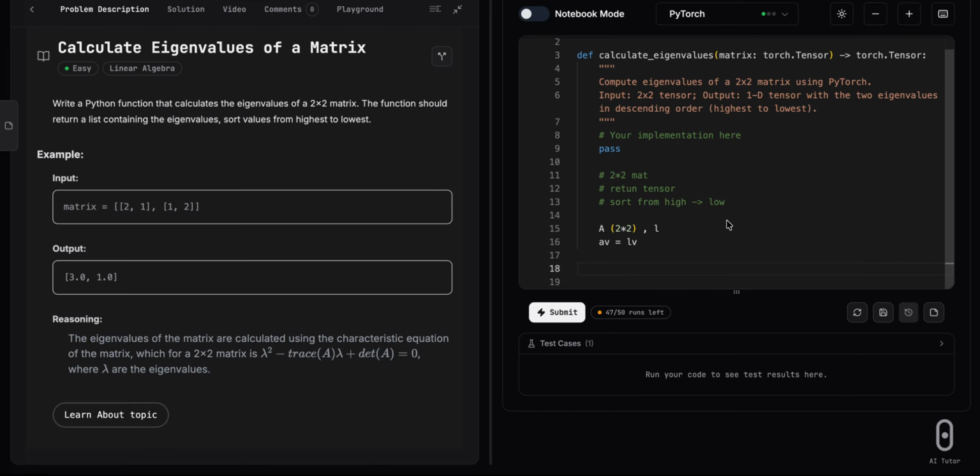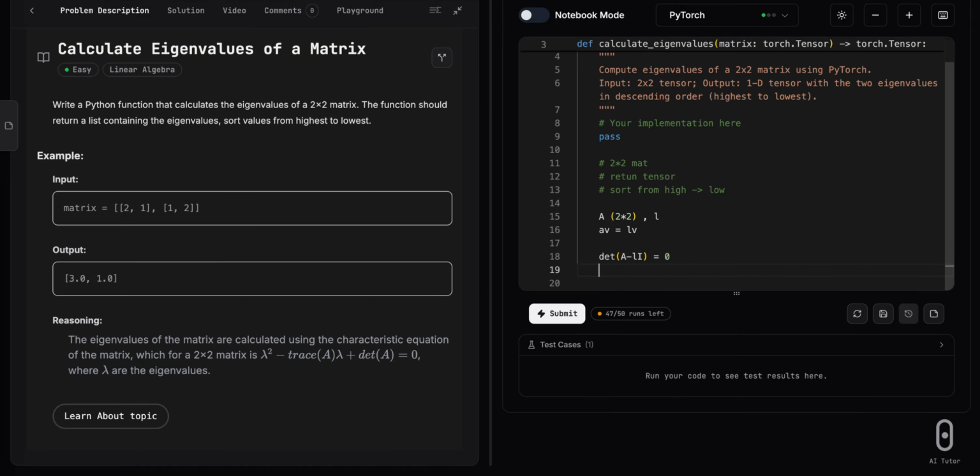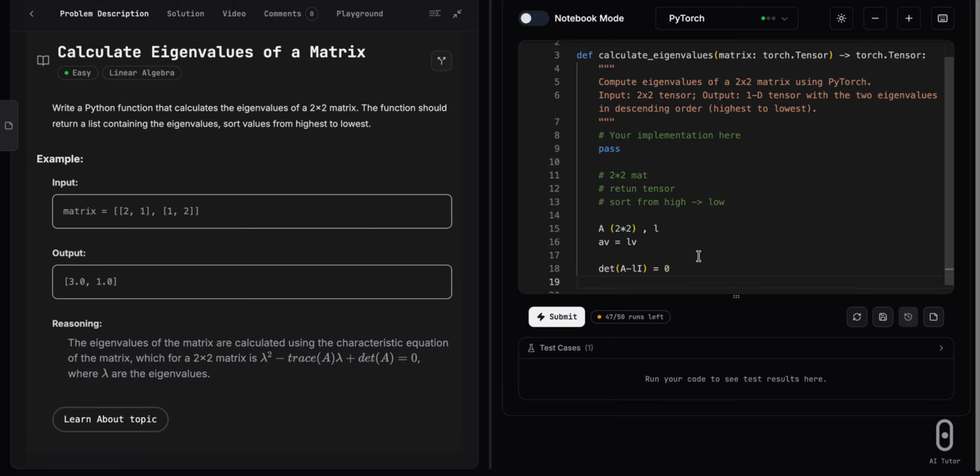The way I am thinking is, eigenvalues come from solving the equation where the determinant of A minus lambda times I, where I is the identity matrix, is 0. Since we're just given a 2 cross 2 matrix, it becomes a quadratic equation and we don't need any iterative numerical method, so we can just use the quadratic formula directly.